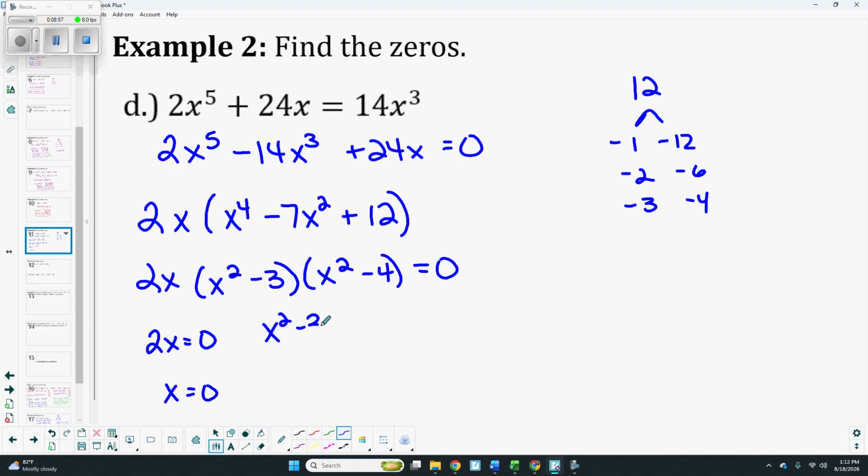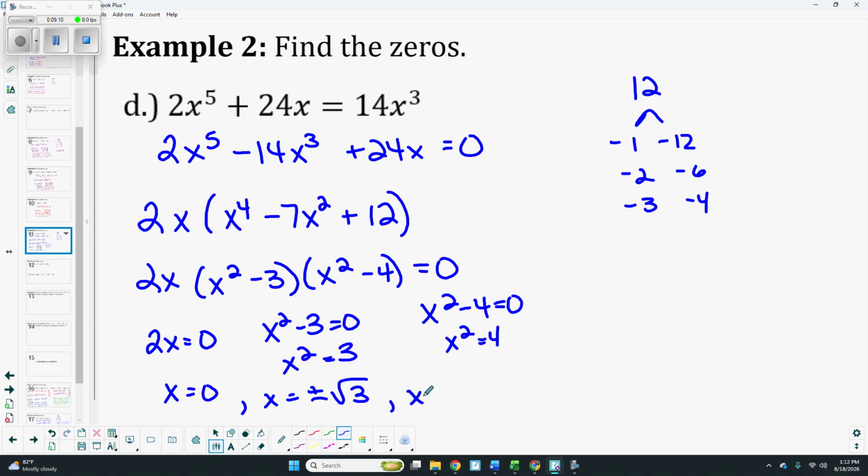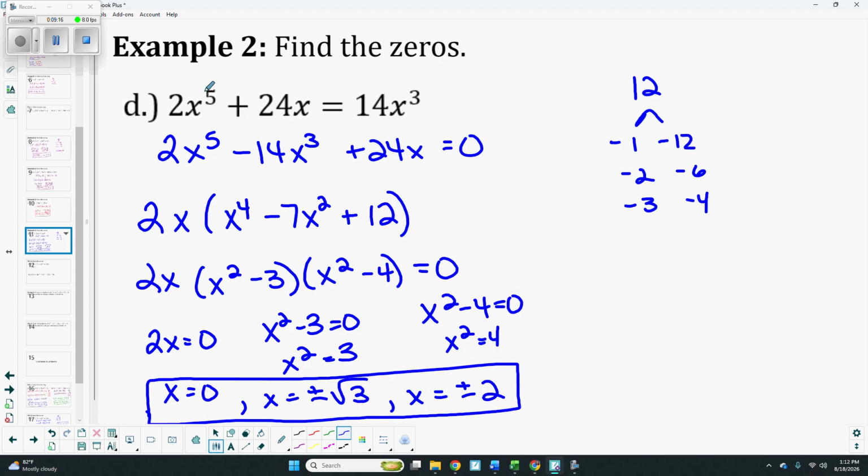Setting x squared minus 3 equal to 0, we get x is plus or minus square root of 3. And by setting x squared minus 4 equal to 0, we get x equals plus or minus 2. So that was 5 solutions, and it was a power of 5.